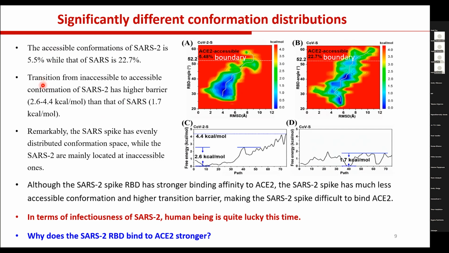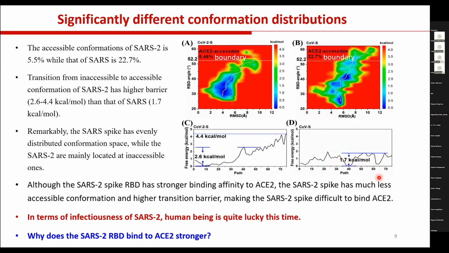And meanwhile, we also found that the transition from the inaccessible to the accessible conformation of SARS-2 has a higher free energy barrier in comparison with the SARS spike protein. And very impressively, the SARS spike has an evenly distributed conformation space.